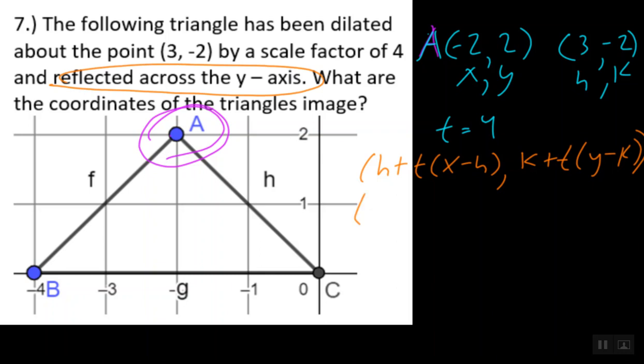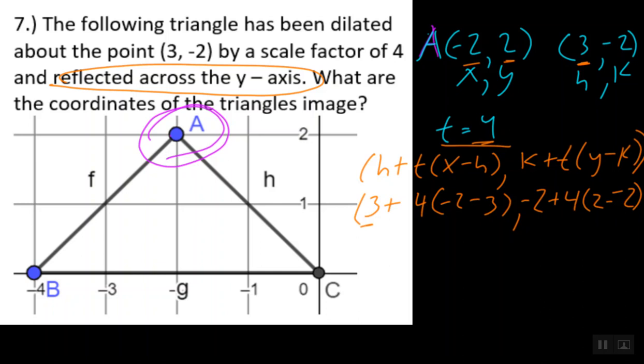Let's plug everything in. My h value is 3 plus my t value is 4. My x value is -2 minus my h value, which is still 3, comma. My k value is -2 plus my t value of 4, my y value is 2 minus my k value, which is -2.